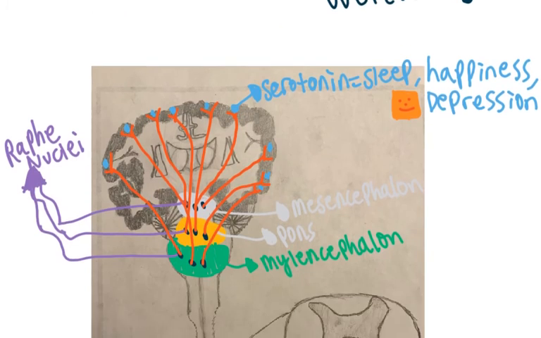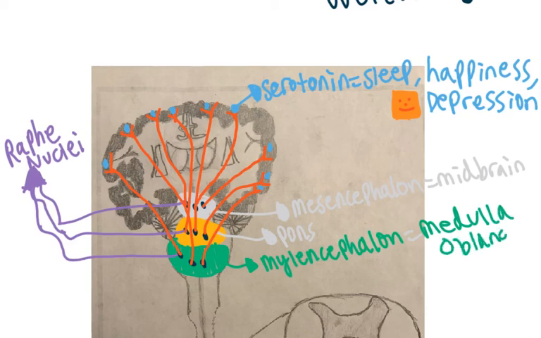But hopefully you guys got the idea, and this is it for this video. The basic thing to take away is that we have a structure called the Raphe nuclei, which is in all three parts of the brainstem: the mesencephalon, otherwise known as the midbrain, the pons, which is part of the metencephalon, and the myelencephalon, also known as the medulla oblongata.